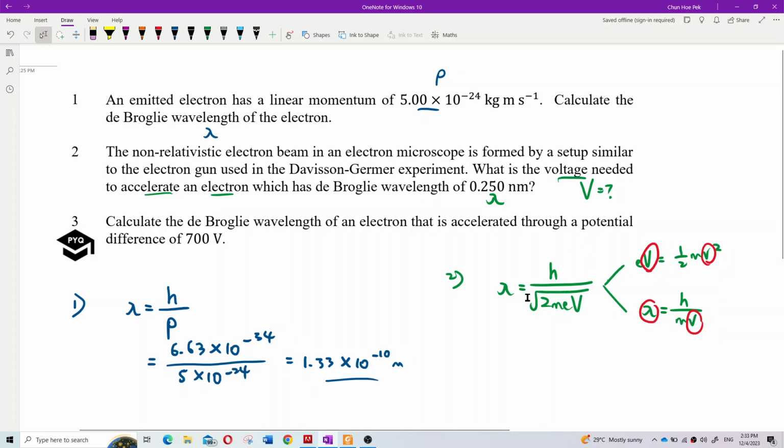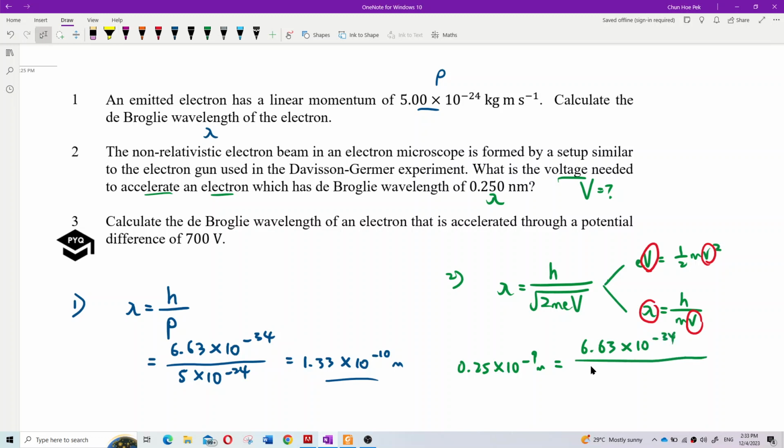Okay, now you just put in the values and you can solve it. λ is 0.25 × 10^-9 meter. What's h? 6.63 × 10^-34, over the mass.